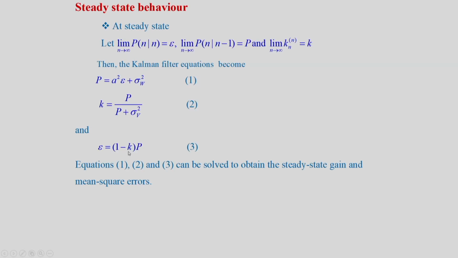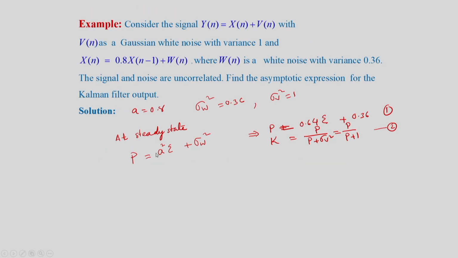The third equation is the mean square estimation error in terms of the mean square prediction error. So epsilon is equal to (1 minus K) into P. Now we know K is equal to P by P plus sigma v square, that is P by P plus 1.